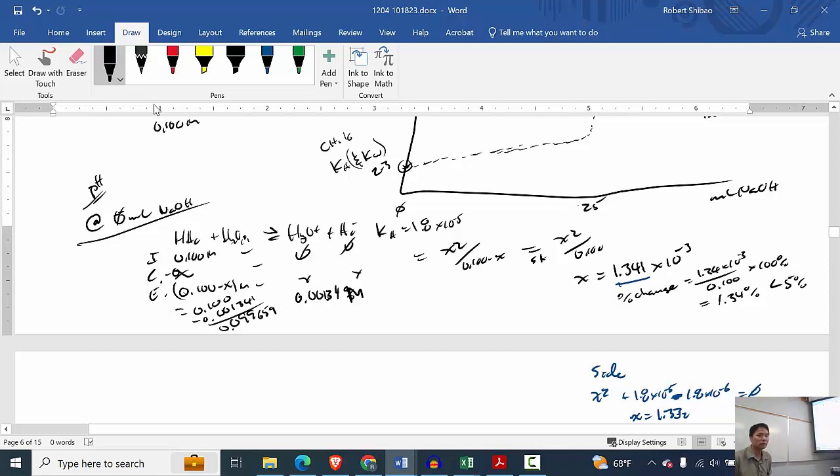What's the most you're going to get from Kw? Give me a number, an order of magnitude. 10 to the minus 7, but likely it's going to be much less because of the common ion effect. Will even 10 to the minus 7 have any impact on this? It's out here at the seventh decimal place. There's no impact, so I wouldn't even worry about Kw here. We're just going to calculate pH based on this.